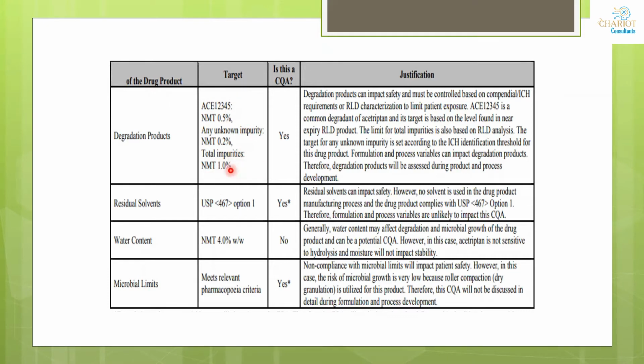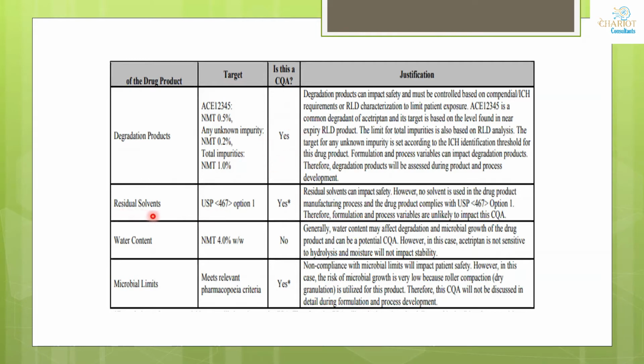You will set those limits as per the ICH, and whether these limits are important, yes, because if the product is degrading and there are impurities in your drug product, it can cause side effects to the patients. So your impurity levels and the limits you have set, as per the ICH guideline, are an important CQA.